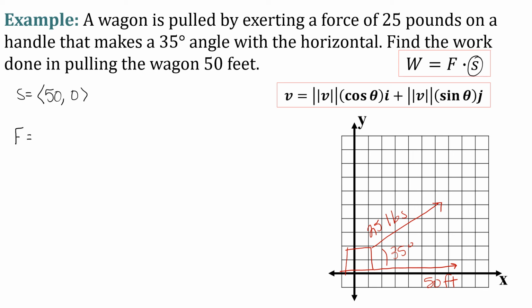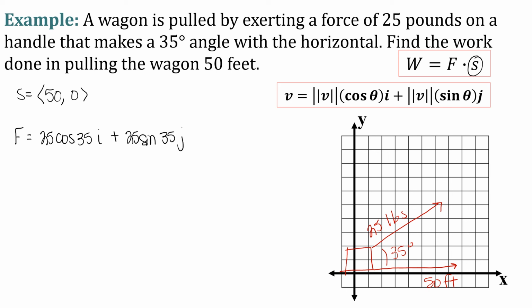And to use that, we're going to use the formula that we were using earlier in the example. So our magnitude is 25 and our angle is 35. Let's follow the formula correctly.